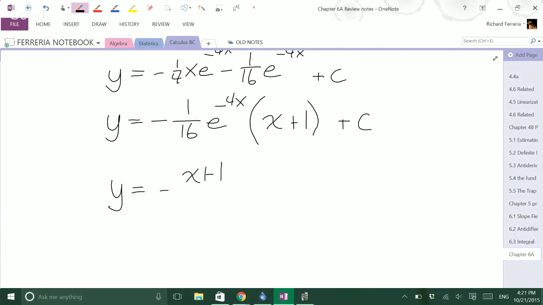X plus 1 is on the numerator. The denominator is 16 e to the positive 4x plus a constant.